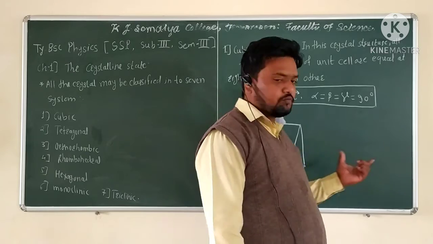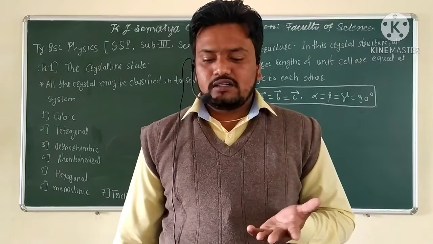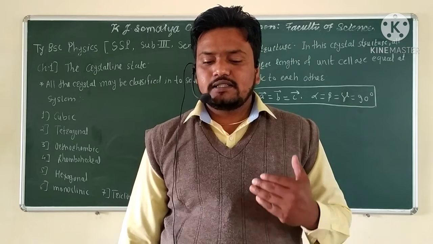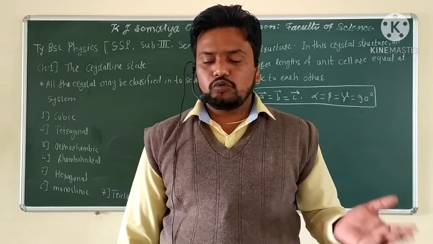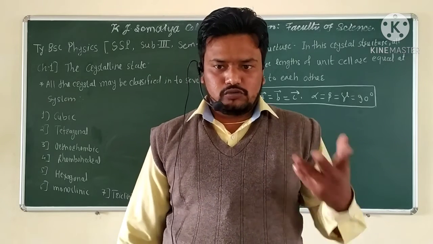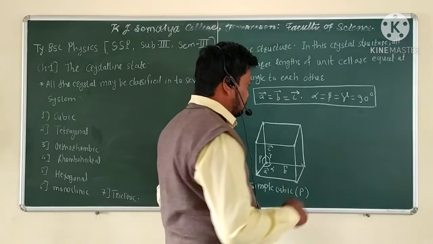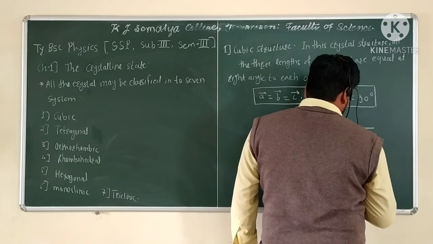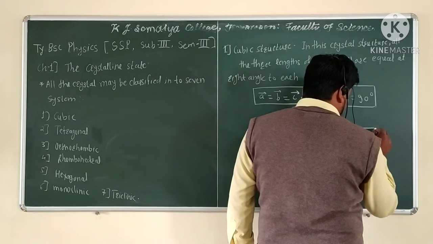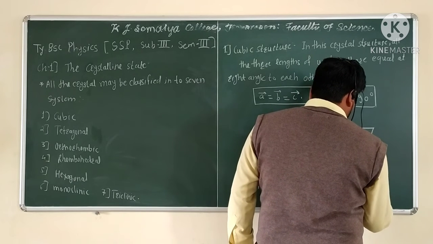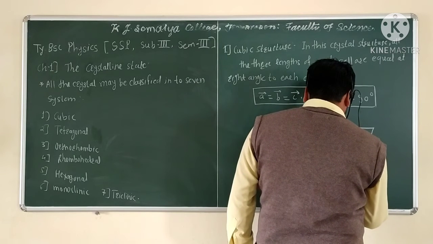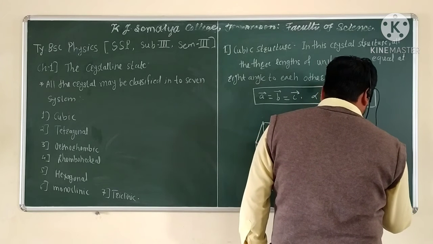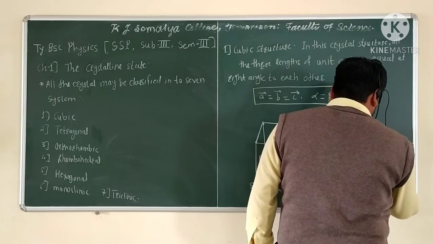Now, next to the simple cubic structure is BCC, that is the body centered cubic structure, which is drawn in the same fashion. Consider this cubic system with identical points surrounding each of the corner points.